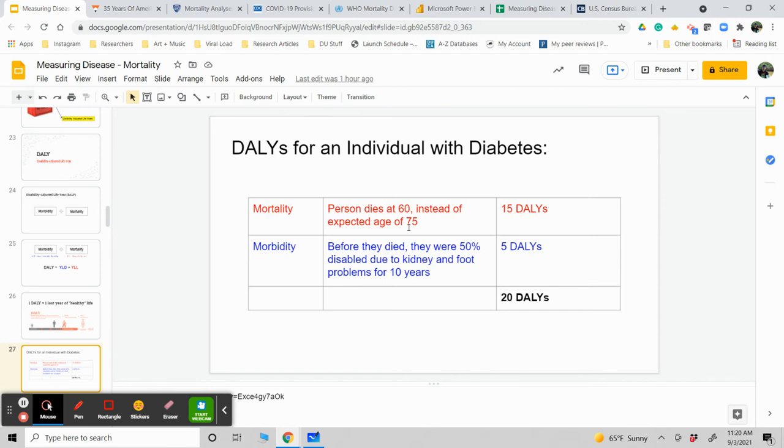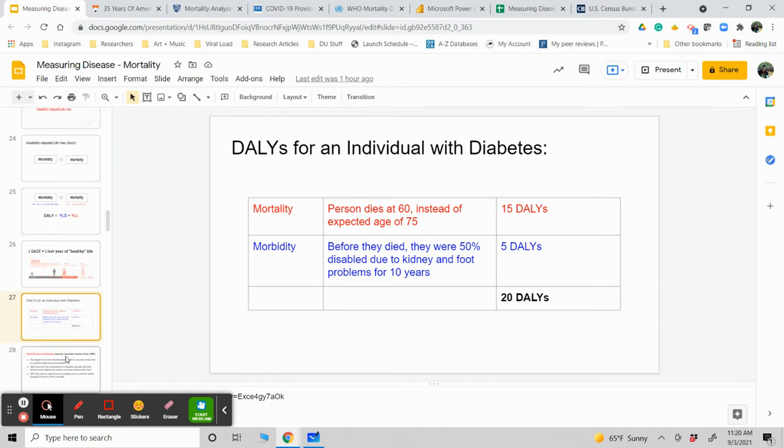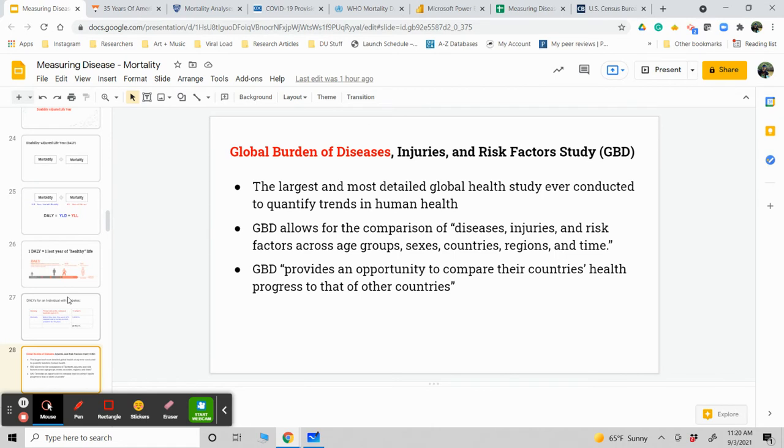And if this person died at a younger age or lived with the disease for a lot longer, this DALY indicator would go up. So the higher the number, basically the bigger the burden of disease in this community. DALYs are used most often to assess the global burden of disease. The global burden of disease study is the largest and most detailed global health study that has ever been conducted.